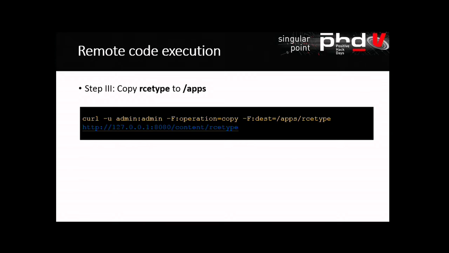And then, with the help of another Experience Manager panel called Post Servlet, which allows some manipulations with the content, we use the copy operation. We copy an element of RC type into the element apps.